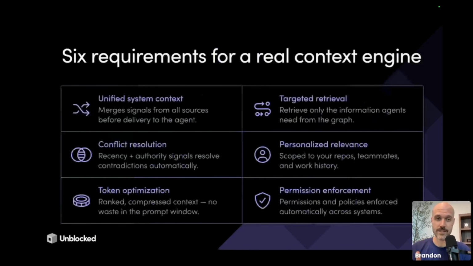So the first is that unified system context. It's not sufficient to, again, just have a bunch of MCPs for that satisfaction of search problem. But additionally, you probably put important information in at least 5 places. So when you have just an agent with MCPs, it can't reason across the 5 places.